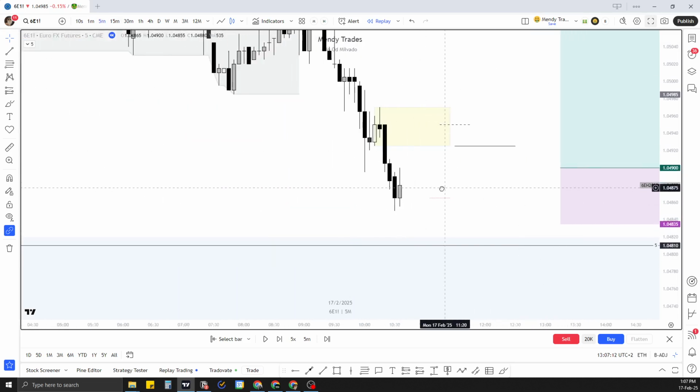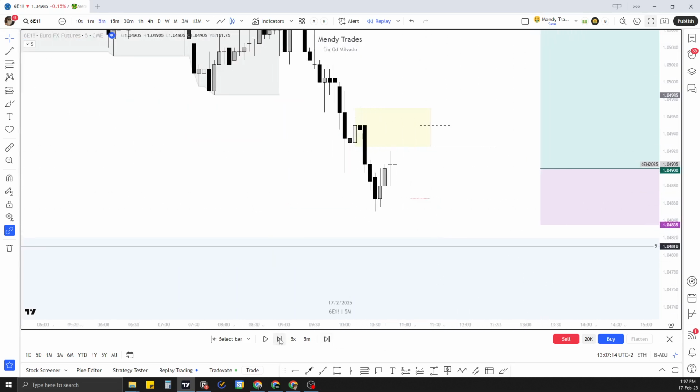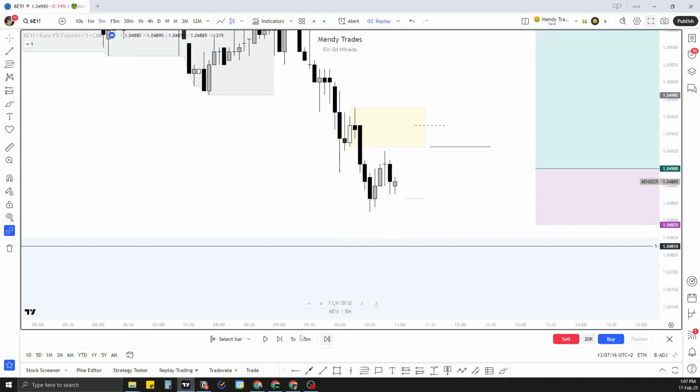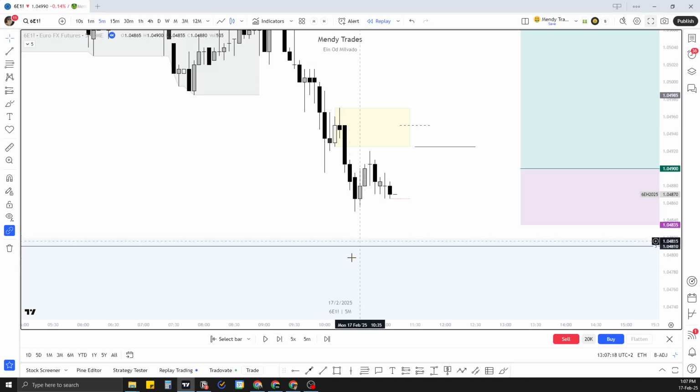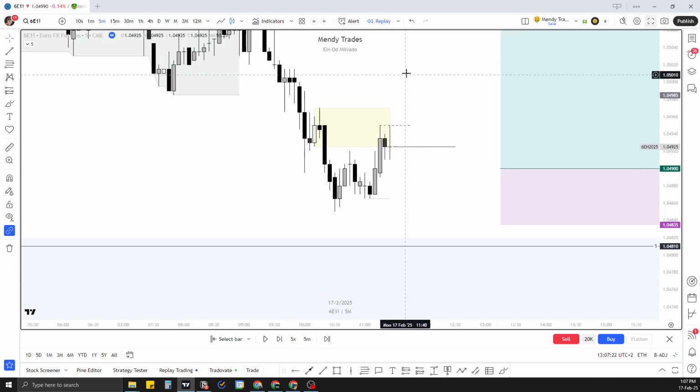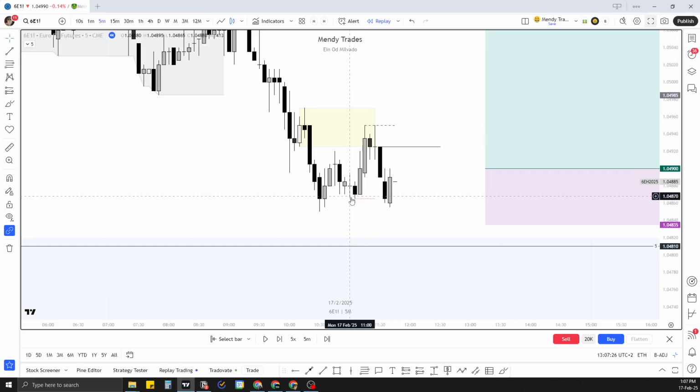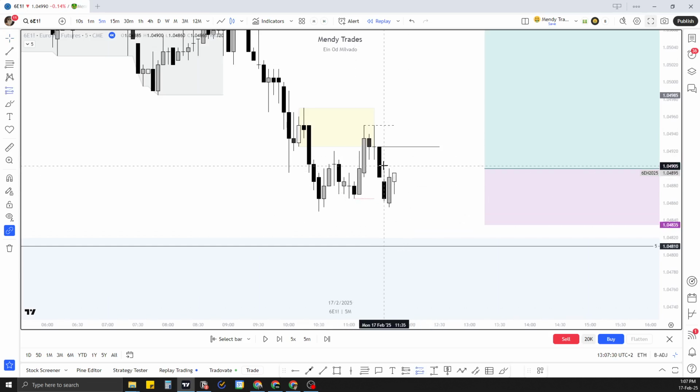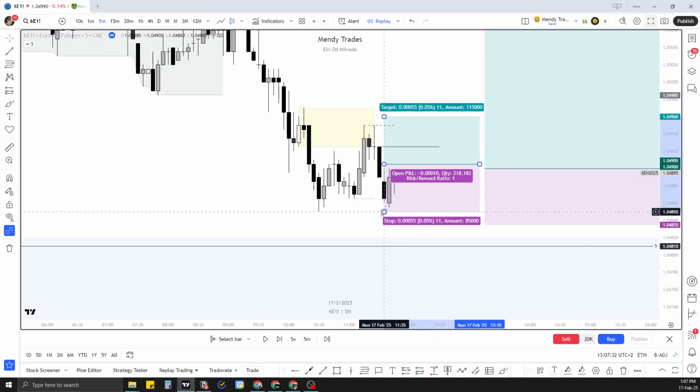Then once we came here, you can see how we built a low. I'll mark this, and this. And then we came back, we took this low, and this is your LC2A entry.